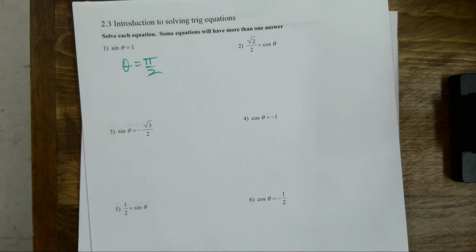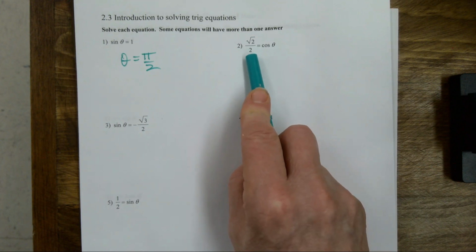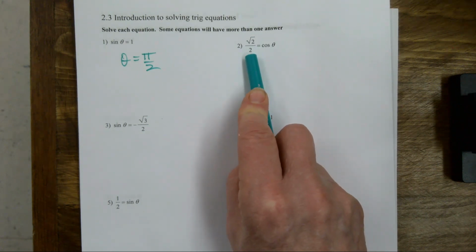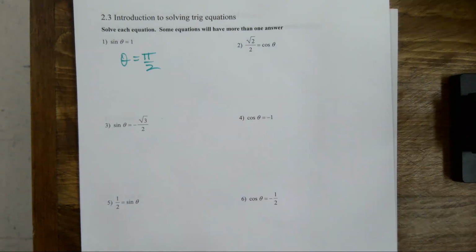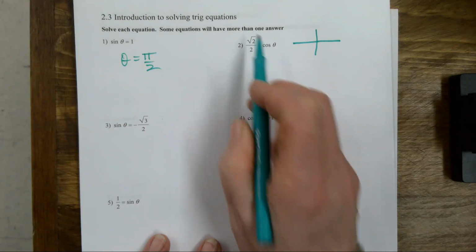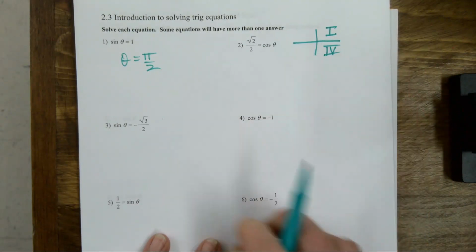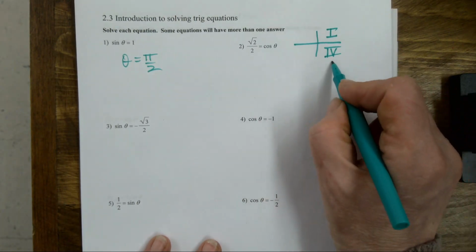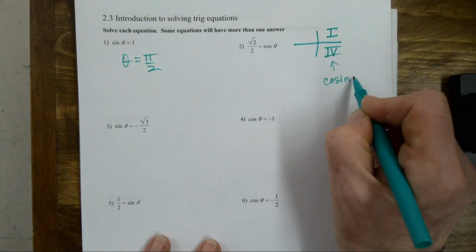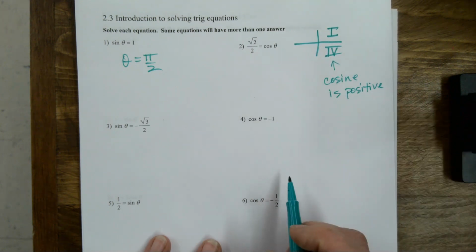It gets trickier, though, when we deal with the actual families. And that's because there are 2 places where this can happen. The cosine is positive in the first quadrant and in the fourth quadrant. Why do I care about it being positive?